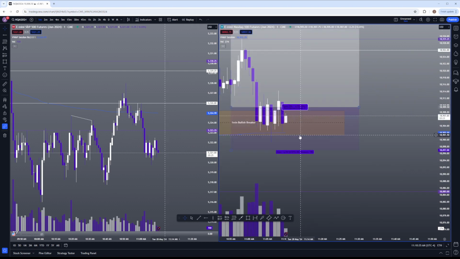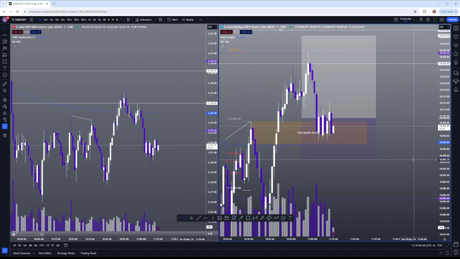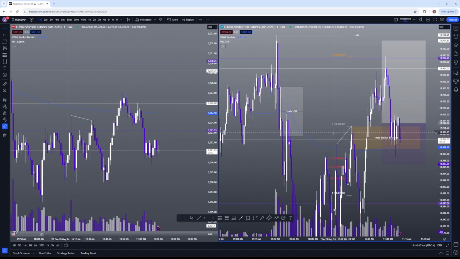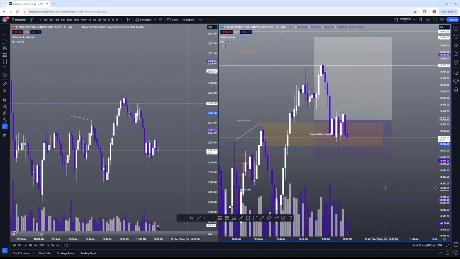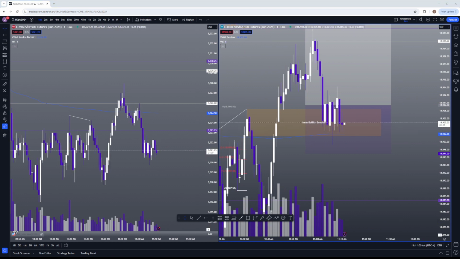I'm not gonna trade in this chop here. I'm just waiting. Still waiting for us to break out of this. I'm not going to take a trade while we're in this stuff.